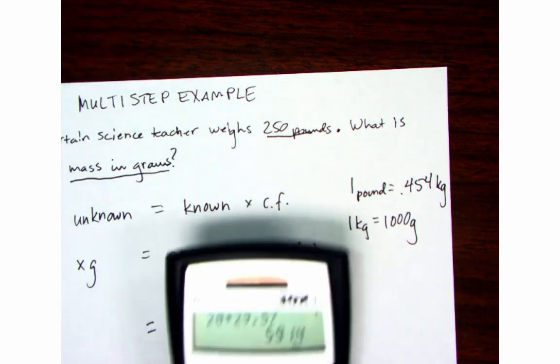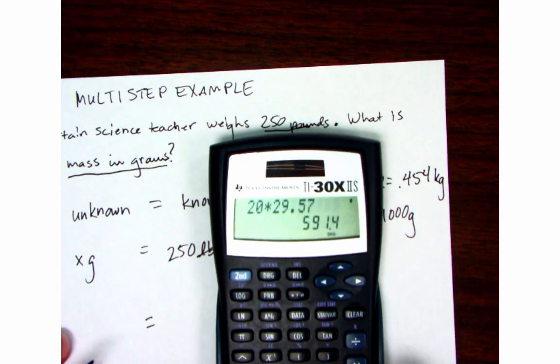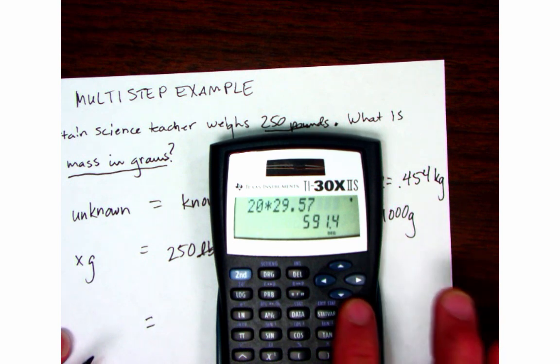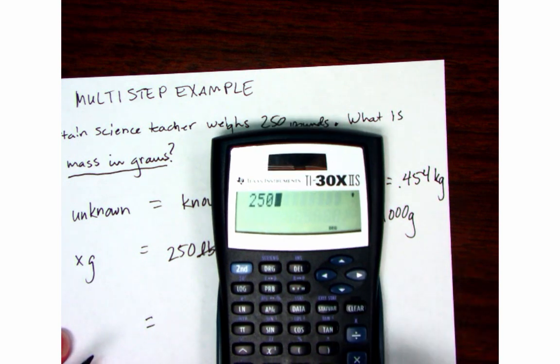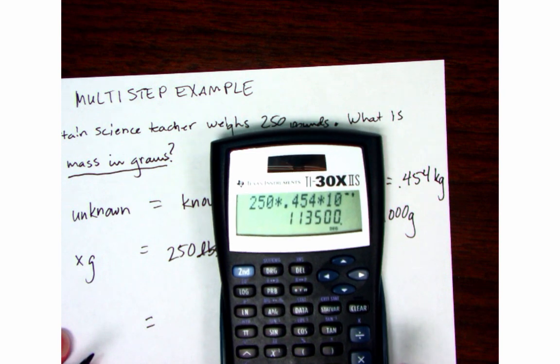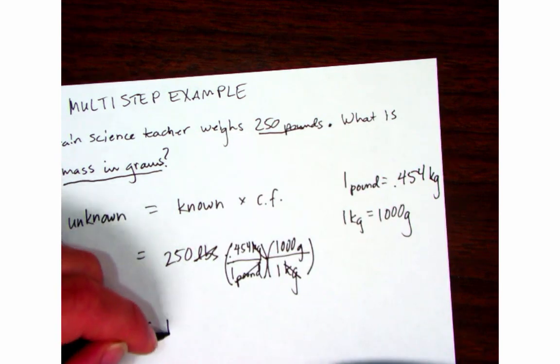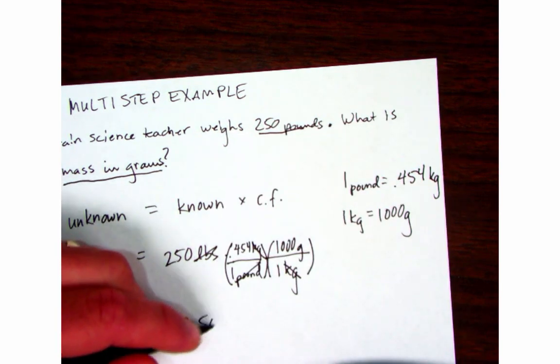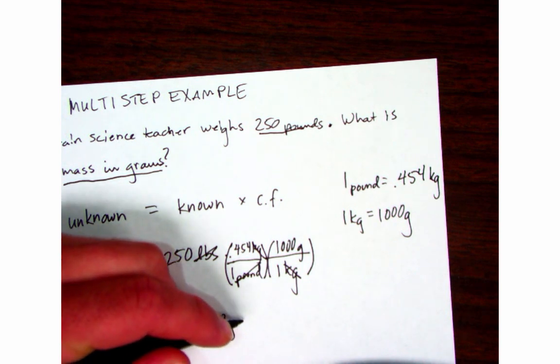So let's get out the calculator here. 250 times 0.454 times 1,000 equals 113,500 grams.